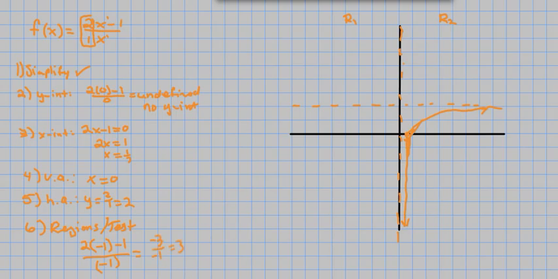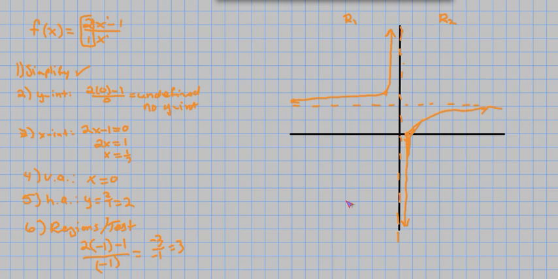So we did -1, 3, which is up here. And since that's on top, we're going to do everything above our horizontal asymptote here, and then curve this on this side towards the vertical asymptote. So there's our picture for 2x minus 1 all over x.